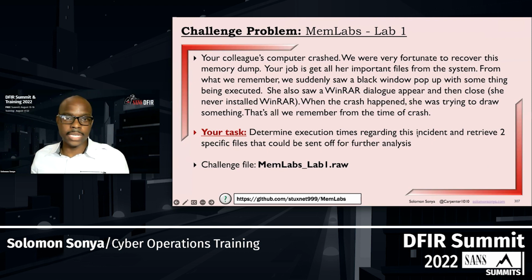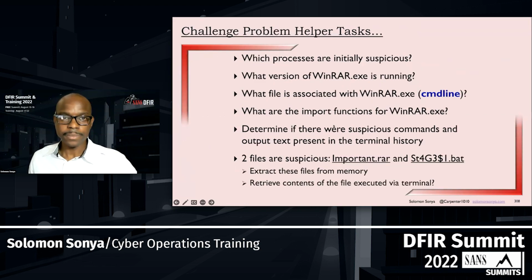Again, we're using this for MemLabs Lab 1. At the bottom here, with that question mark, I'm showing that you can go directly to his GitHub to download these memory images and then conduct your own investigation and follow along with what we're doing.